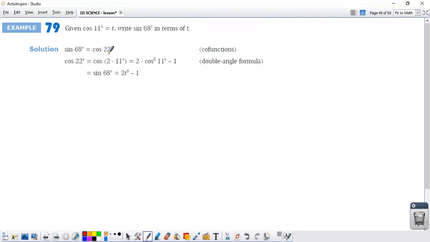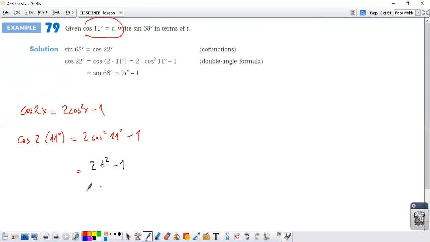And for cosine 22 degrees, when we apply the double angle formula, cos 2x is 2 cos square x minus 1, and we are looking for 22 degrees. So it's going to be 2 cos square 11 degrees minus 1. And cos 11 is t, so cos square 11 degrees will be t squared. And we will have for cosine 22, 2t squared minus 1.